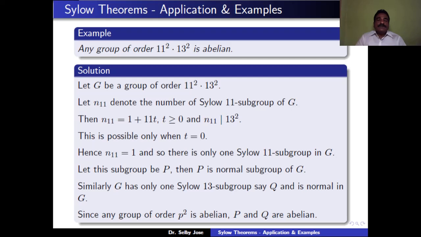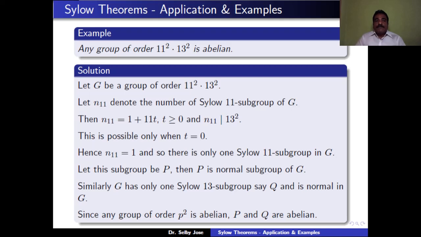Now we show that any group of order 11 squared times 13 squared is abelian. Let G be a group of order 11 squared times 13 squared. Let N11 denote the number of Sylow 11 subgroups of G. But we know that N11 is equal to 1 plus 11t for some t greater than or equal to 0.